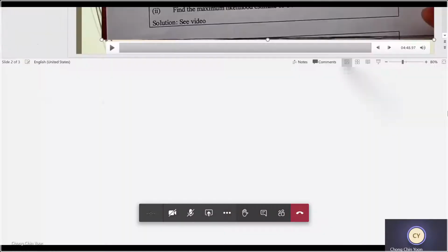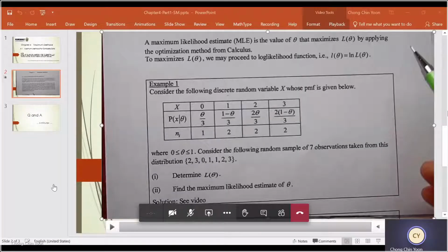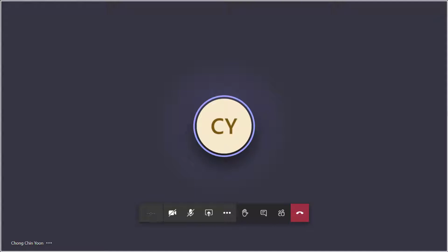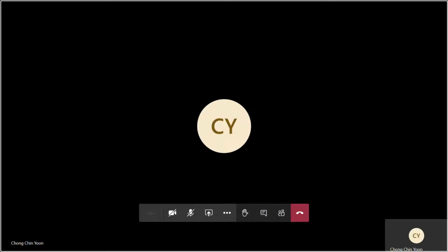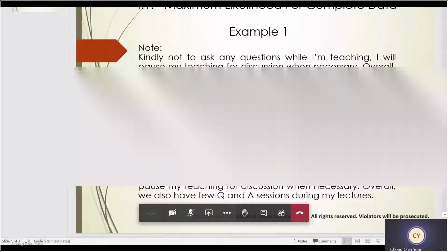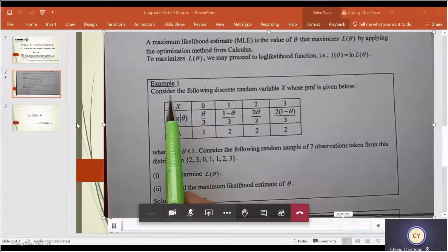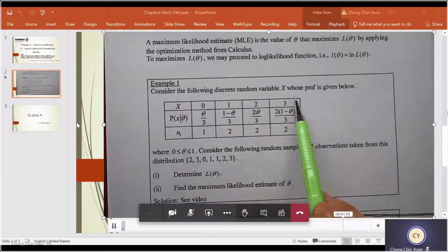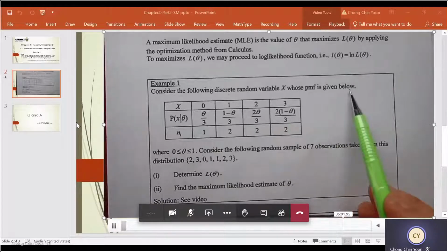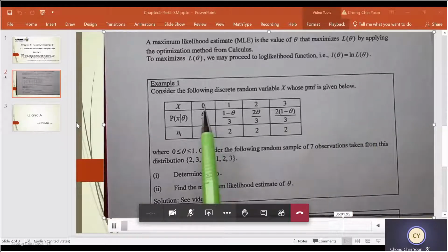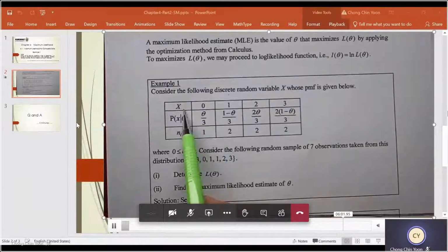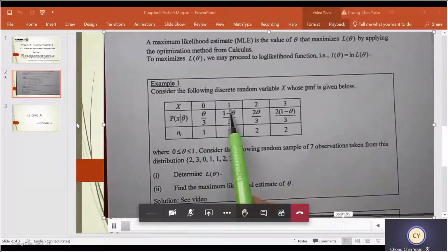So next we go to example 1. Consider the following discrete random variable x whose PMF is given below. We have the data from this random variable x, which is 0, 1, 2, 3.